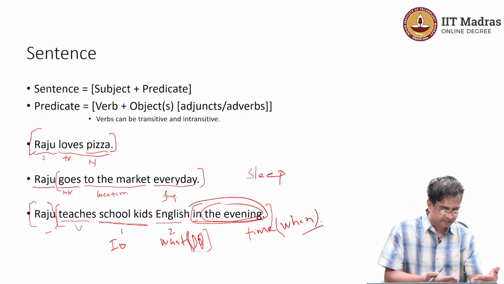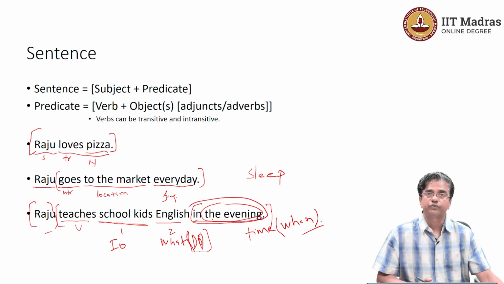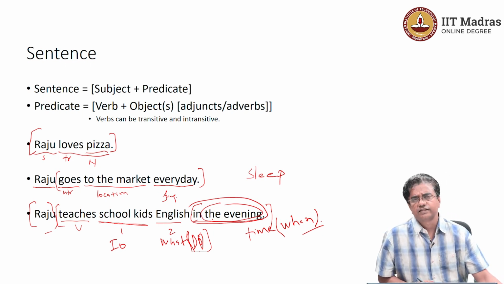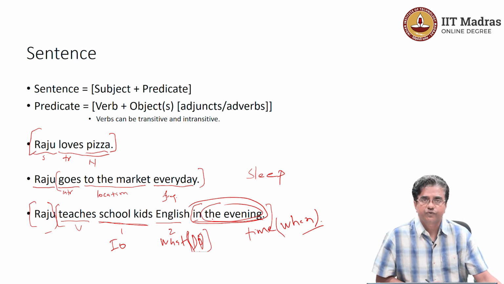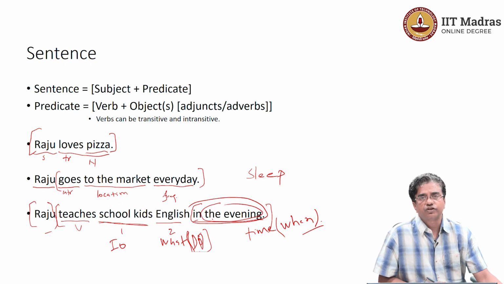Like I have given 3 examples, I want you to come up with 5 to 10 sentences for yourself and then see the different elements in a sentence. See if you find a sentence which doesn't have a subject. See what kind of predicates you have, what is the nature of verbs in your predicates, and then what are the elements that are adverbial in nature and what are the elements that are objects of those verbs.